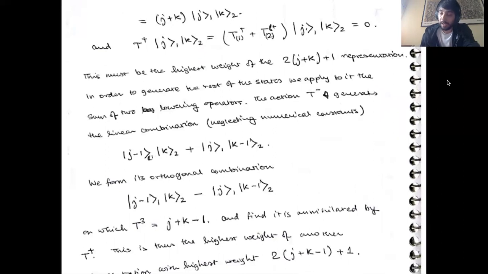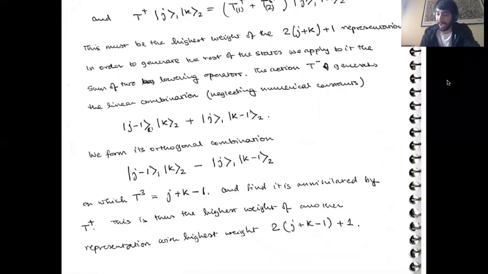Then if we act T3 on this state, we are going to get J plus K minus 1. We will also find, interestingly, that this is annihilated by T plus. Being annihilated by T plus means that it is again a highest weight state, but the T3 eigenvalue has changed.